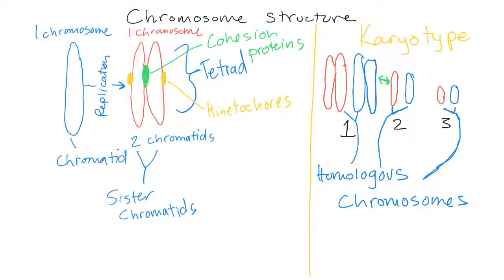Whereas if, let's say the gene for height is on chromosome 1, your dad was tall and your mom was short, those genes are going to be in the same spot on those different chromosomes, and they may code for different things, but they're still on the same gene. Okay?